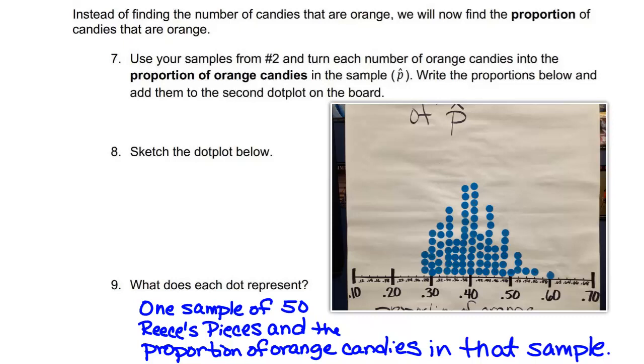How would we find the new mean? What was our old mean when we were just doing number of candies? 20. And what did we do to each of ours to find the proportion? We divided the number by 50, the number in my sample, right?